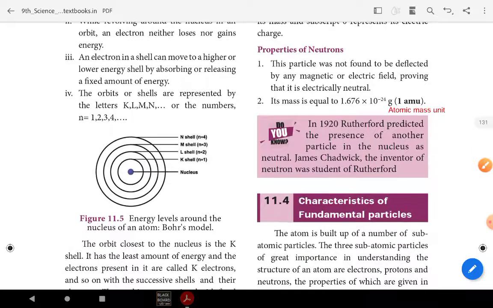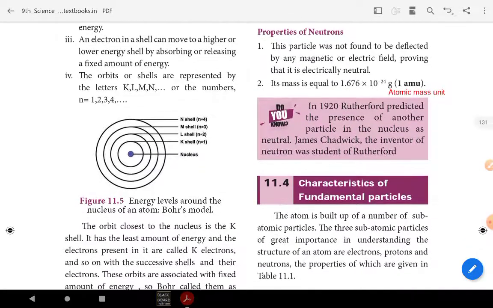What are the properties? Let's see what properties of neutrons are given here. The first point, children: this particle was not found to be deflected by any magnetic or electric field, proving that it is electrically neutral.